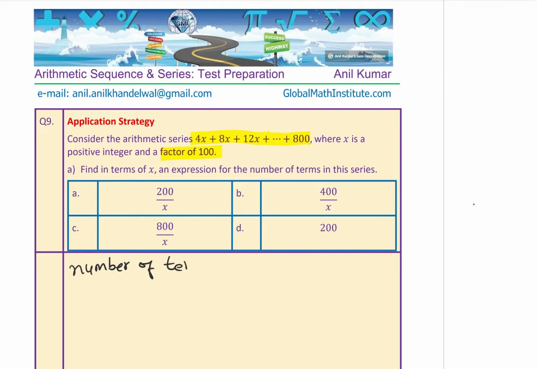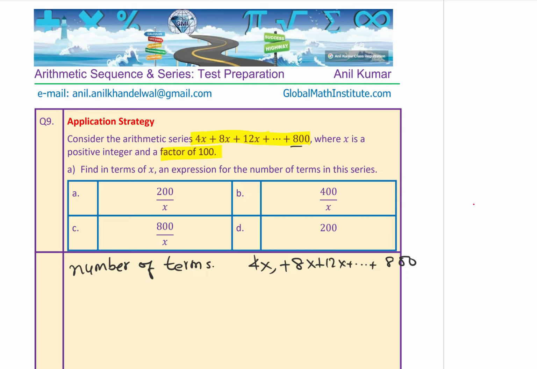So how will you find the number of terms? That means the n value, right? We know the last term 800, we can find, right? So we have the series which is 4x plus 8x plus 12x plus so on till 800. Now we have to find the number of terms. So there is a very shortcut method.